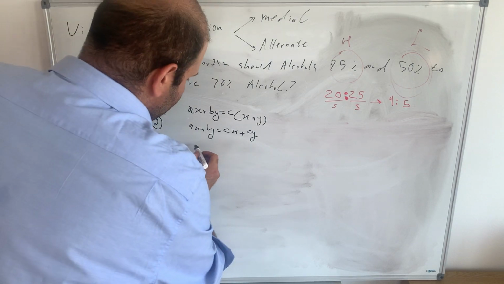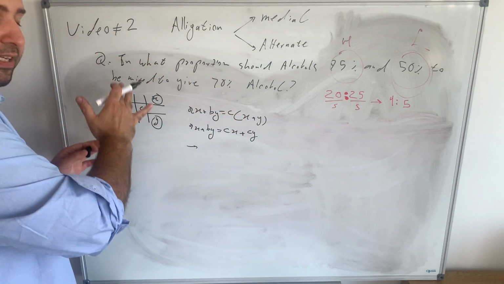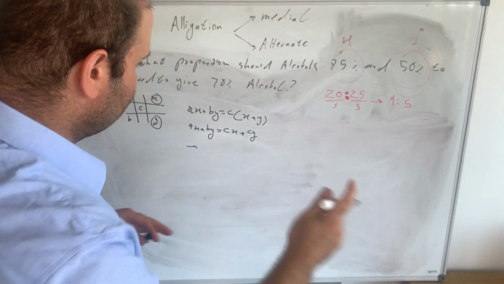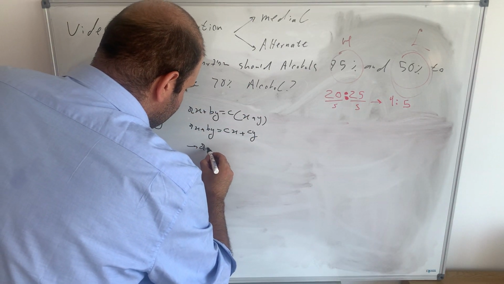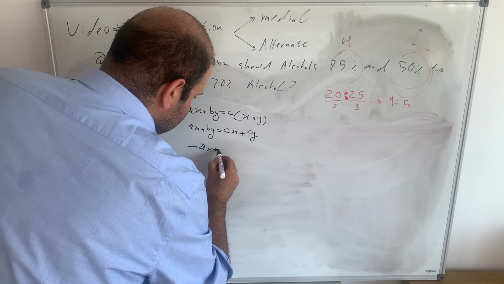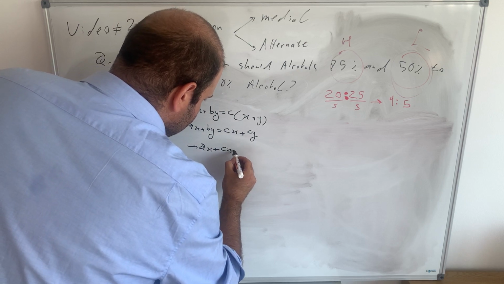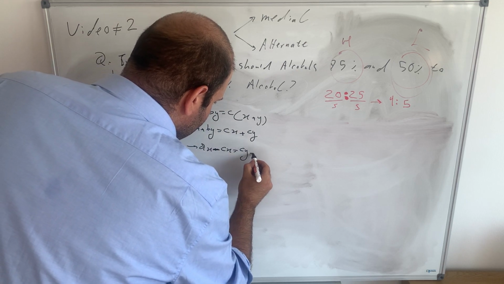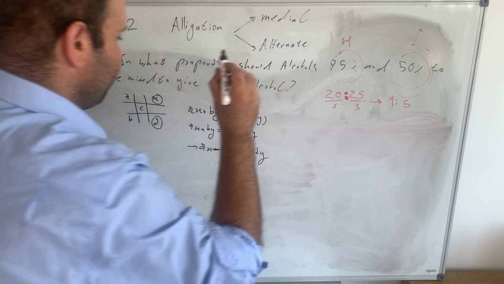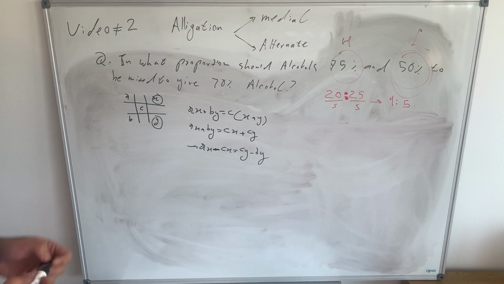So, what we can do now, we can put X on one side and we can put Y on the other side. So, you put AX minus CX is equal to CY minus BY. Okay.